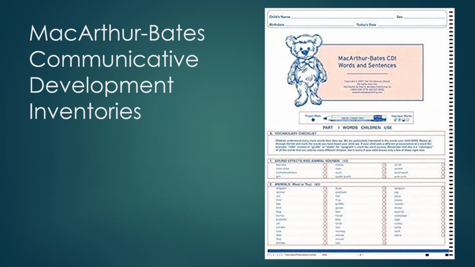It lists words in categories to help parents think of all the different types of words their child uses. This is really effective for early word learning. There are just over 600 words on the list. Once children get to be over about 2.5 years old, they are using too many words to keep track of on a checklist like this.